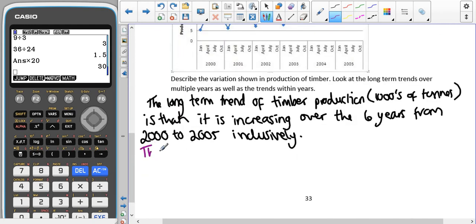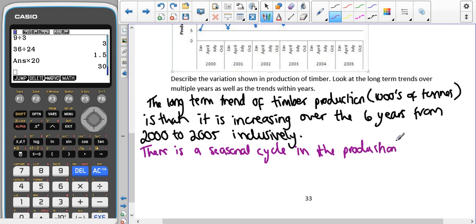So there is a seasonal cycle in the production of timber in thousands of tons.